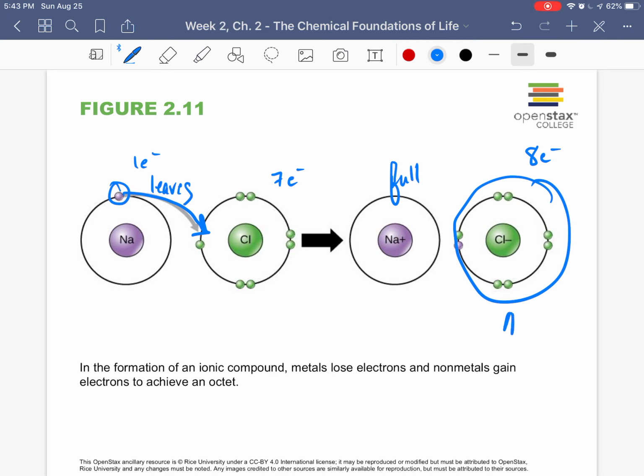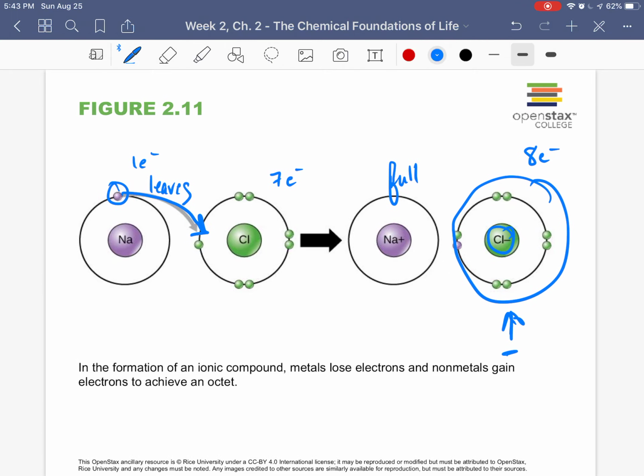But now this atom right here, if you notice, they show it right here, has a negative charge because it has 1 more electron than it does protons. And this atom right here, if you notice, has a positive charge because it has 1 more proton than it does electron. And if we learned anything about dating and relationships and bonding in life, opposites attract just like they do in chemistry.